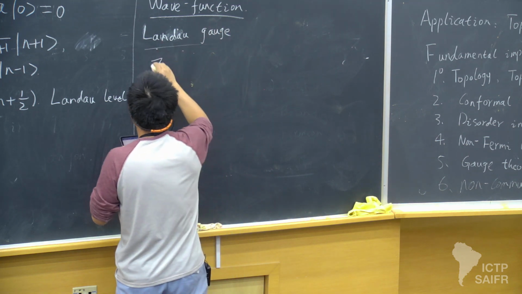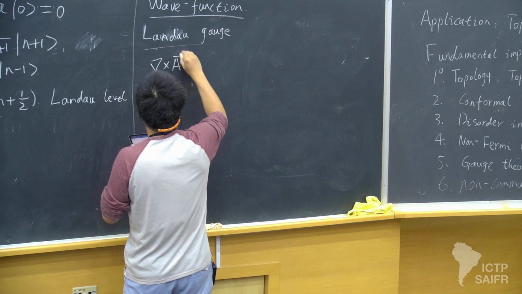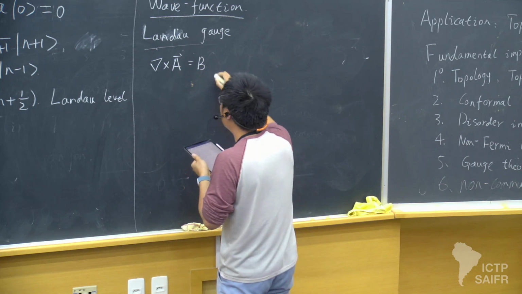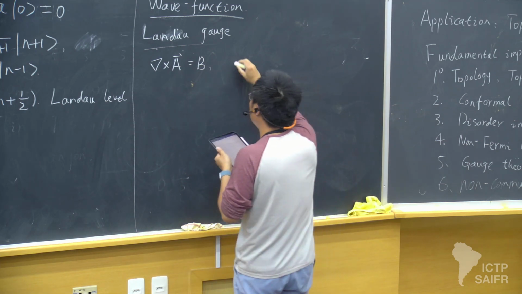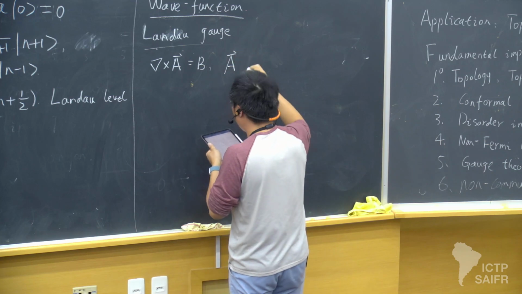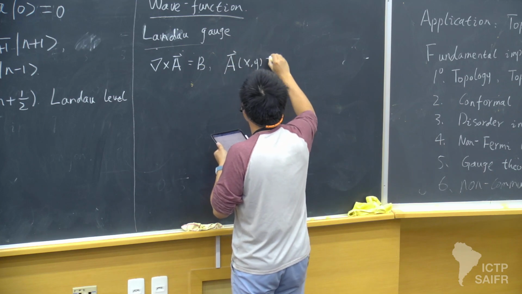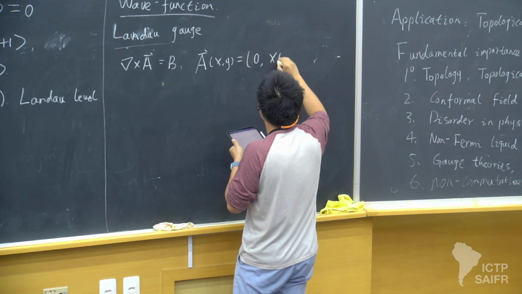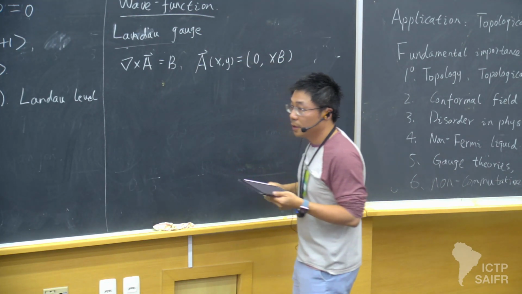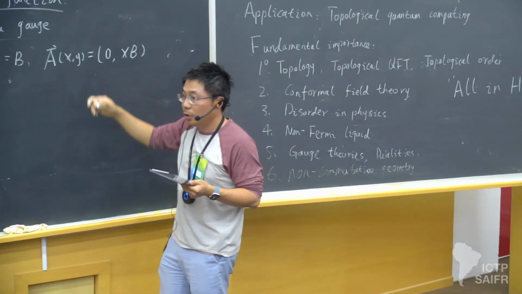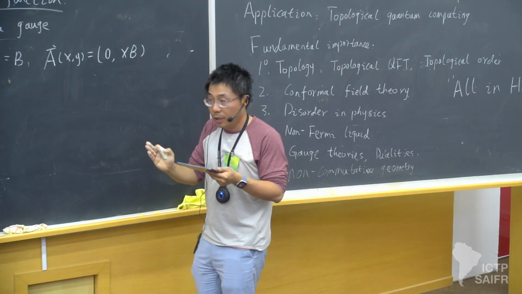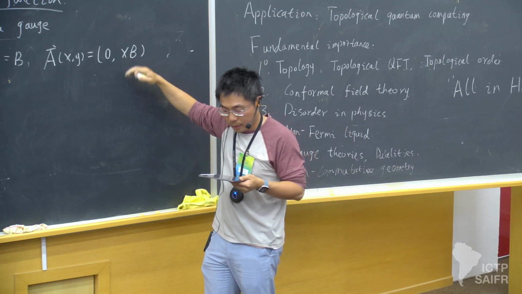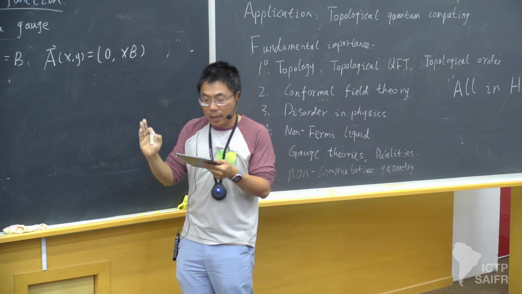Remember that my vector potential is defined in this way. Then I can choose a specific gauge, which we usually call the Landau gauge. The vector potential is 0 in the x direction, and it's non-zero only in the y direction, and its value depends on x.